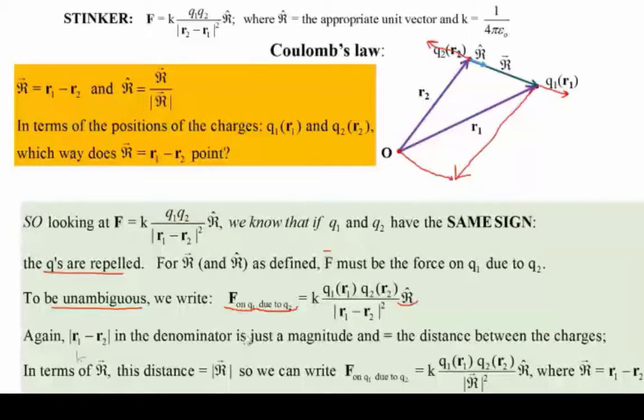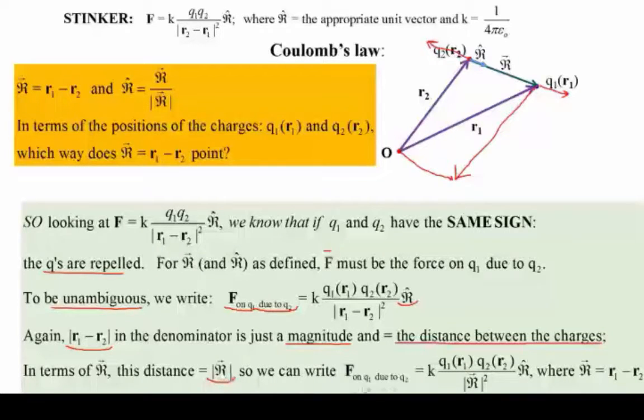Well, just remember what I just said, that this quantity here that shows up in the denominator is a magnitude, and it equals the distance between the charges. So if you wanted to, you could say that the denominator is just this distance squared. That distance is the magnitude of the vector r.